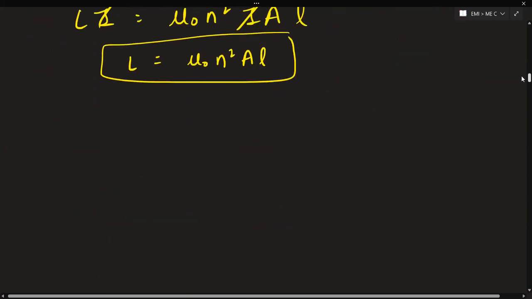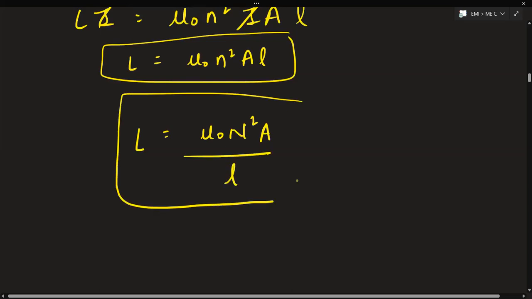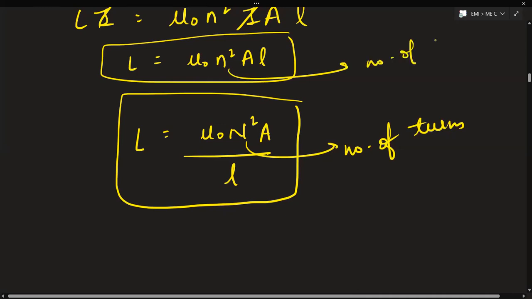Also, if you want to write it in terms of number of turns, L becomes mu naught N square A divided by l, where N is the number of turns and n is the number of turns per unit length. Just note down this, then we'll do some questions on this.